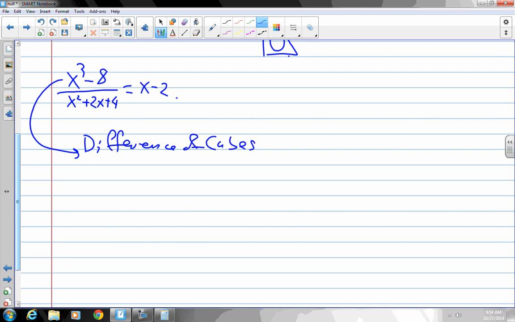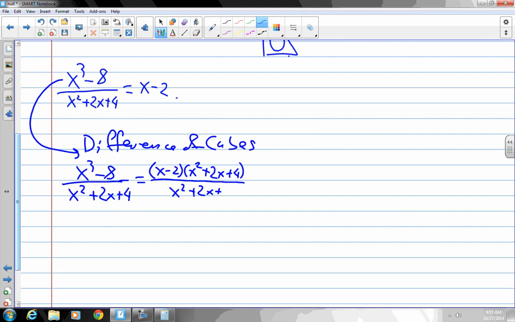You factor that as such: x cubed minus 8 divided by x squared plus 2x plus 4. Using the difference of cubes formula, x cubed minus 8 gives you x minus 2 times x squared plus 2x plus 4. Denominator stays the same. Then you can see how that whole thing just cancels and you're down to x minus 2.